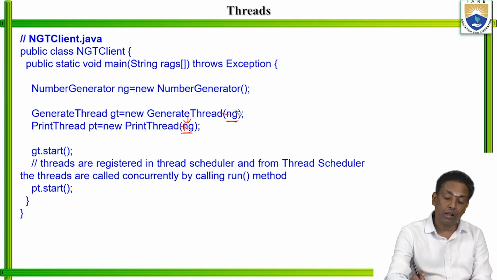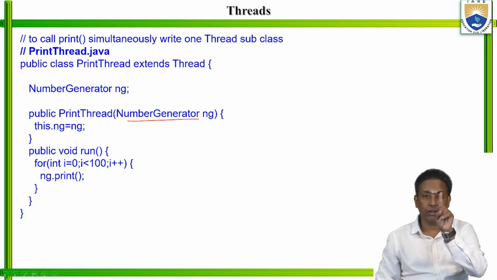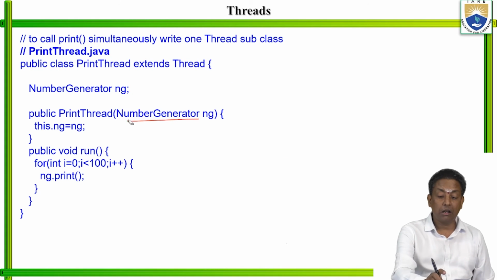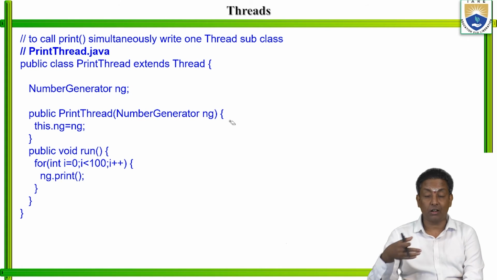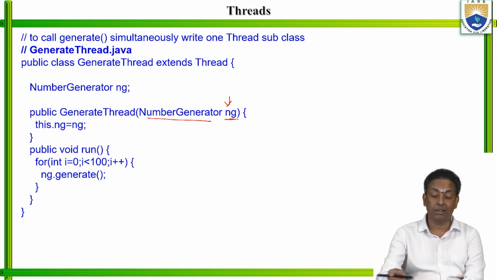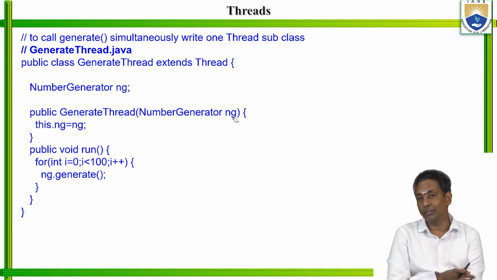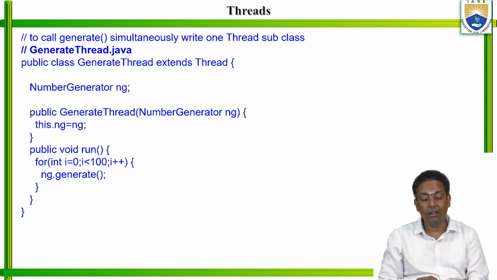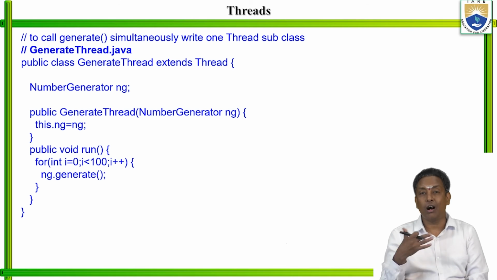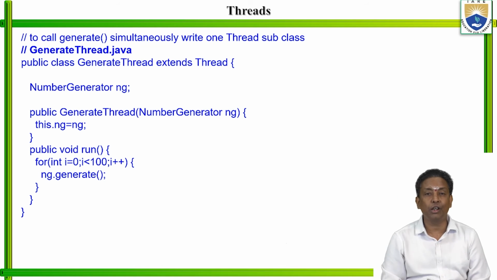So now you tell me, how many NumberGenerator objects are created? Only one. But in how many thread classes or other objects is that NumberGenerator object used? This is how the memory required for NumberGenerator objects reduces to only one.